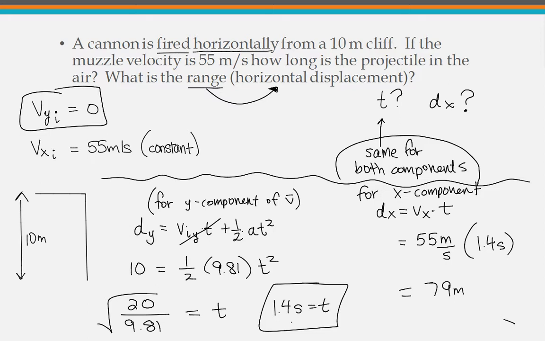So in this case, it looks like I'm firing it east. It would follow like this. I'll draw a nice big blue line. That big blue line right there, that's the dx. That's dx. It's about 79 meters.